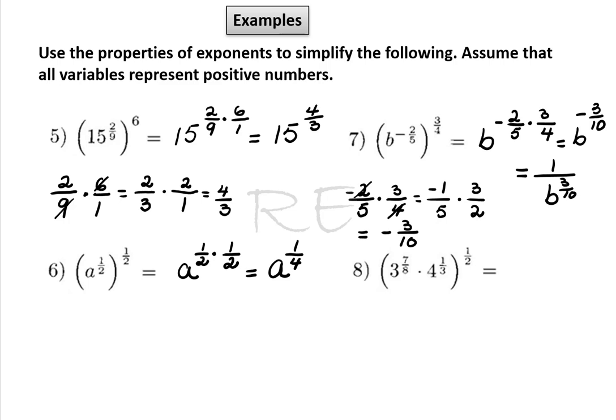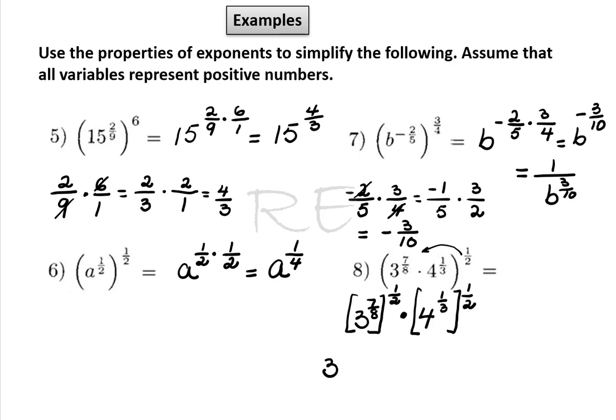We're going to distribute 1/2 over 3 to the 7/8 times 4 to the 1/3. It's going to be 3 to the 7/8 to the 1/2 power, times 4 to the 1/3 to the 1/2 power. Now we're going to multiply them.